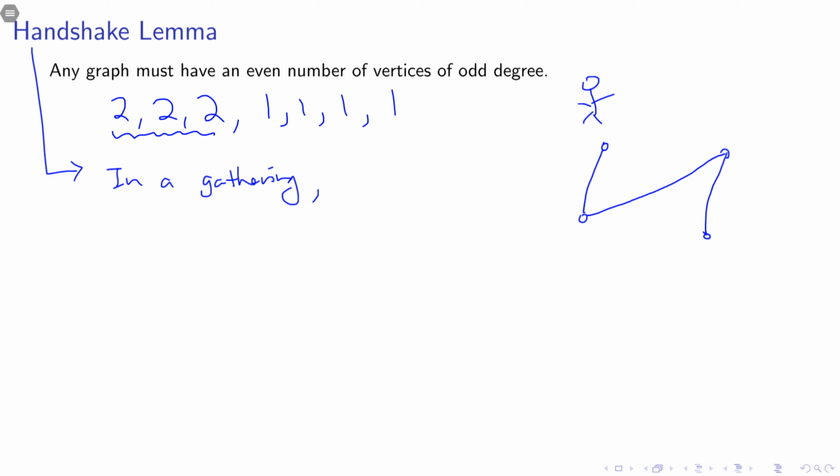there must be an even number of people who shook hands with an odd number of other people, right? I mean, that sounds kind of clunky, but it's exactly the same statement. So if these 4 vertices were people, this person only shook hands with one other person, so they're odd.